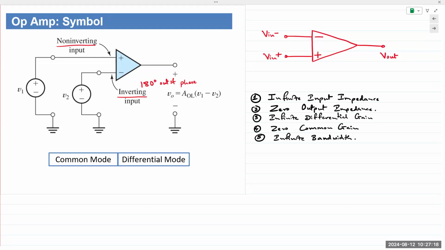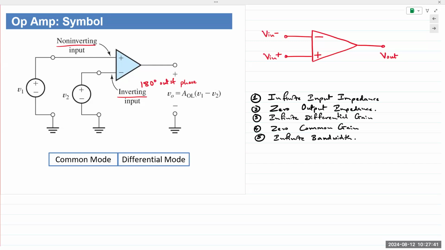So the first two I already spoke about, input impedance, output impedance. We want infinite input impedance, as high as possible. And the design of the differential amplifier is such that it automatically occurs. When you have two transistors connected in parallel or back to back or face to face, that's one of the resulting parameters.